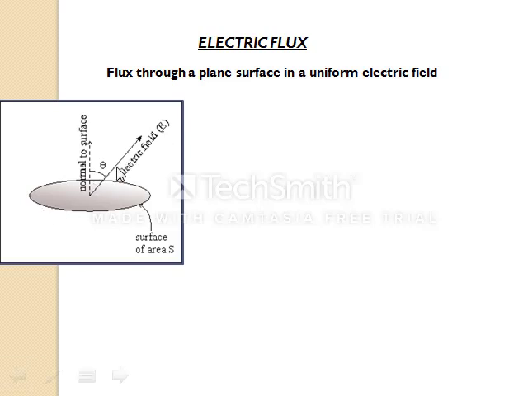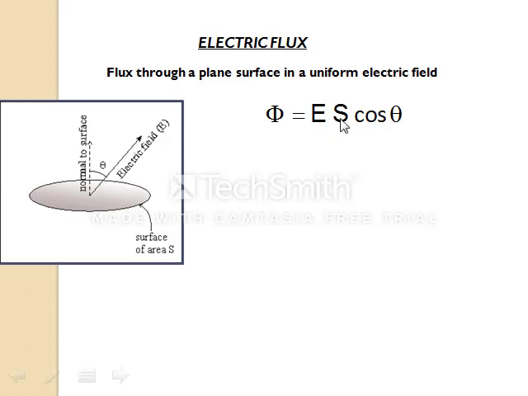Now the formula for flux. It's simply the product of three quantities: the electric field strength E, area of the surface S, and cos theta. ES cos theta.